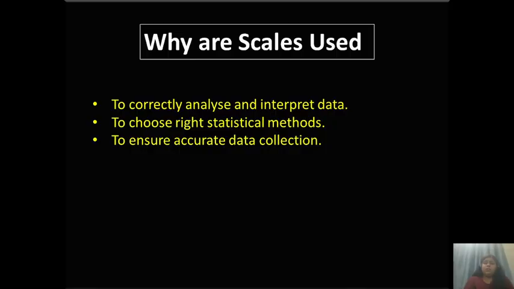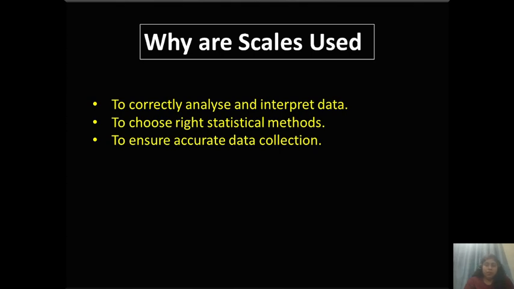Why are scales used? First is to correctly analyze and interpret data, to check whether the data can be compared or not. If yes, then what are the ways in which data can be compared? Second, to choose the right statistical methods.